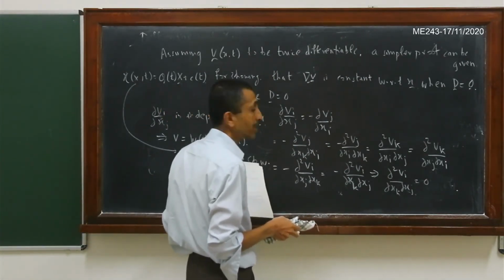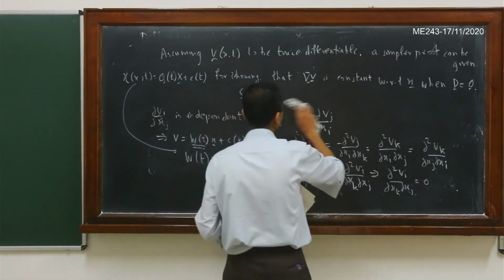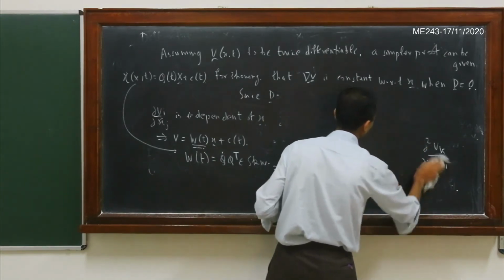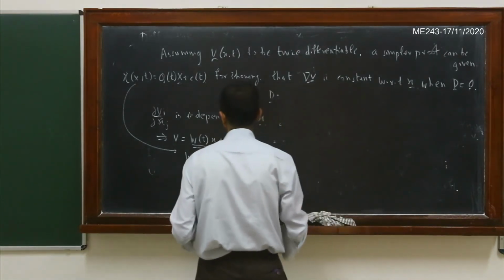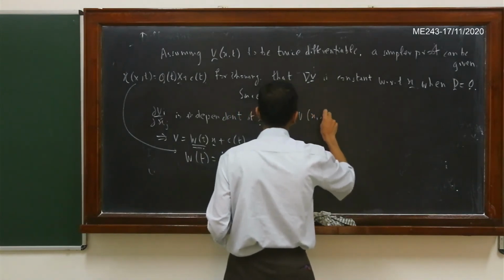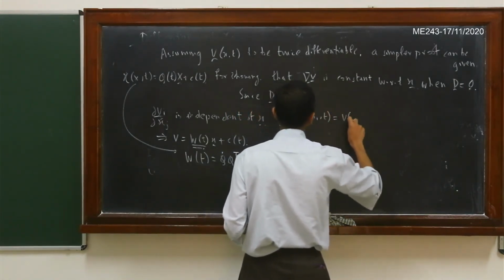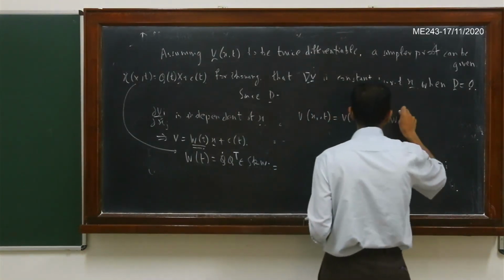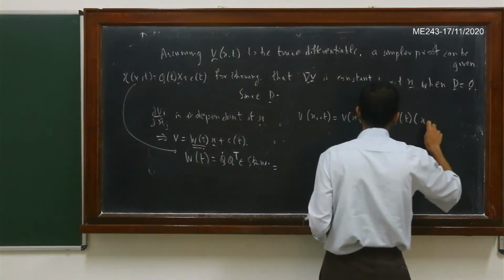Because this is a skew symmetric tensor, we can write it in terms of the axial vector, and that axial vector is nothing but the angular velocity vector. So suppose I now write v at x1, t is equal to v at x2, t plus W(t) times (x1 minus x2).